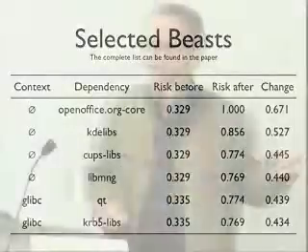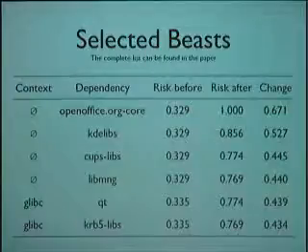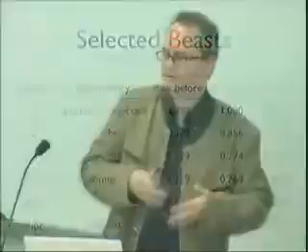The complete list can be found in the paper. And what you can find, for example, is that all the packages that depend on OpenOffice.org.core have at one time or another had a security vulnerability. This is one interesting thing that you can see here. Another interesting thing is that KDE and Qt, which basically belong together, will also increase risk by quite a high amount.